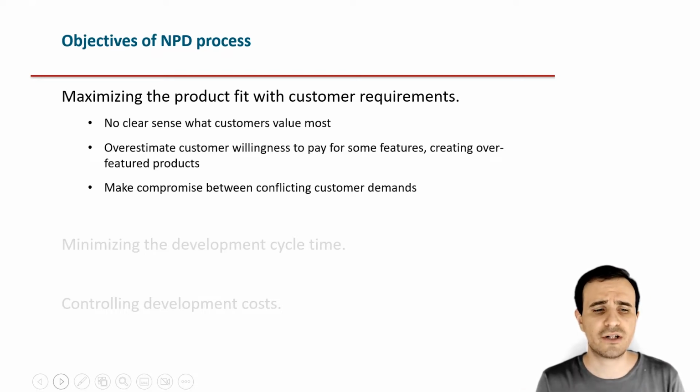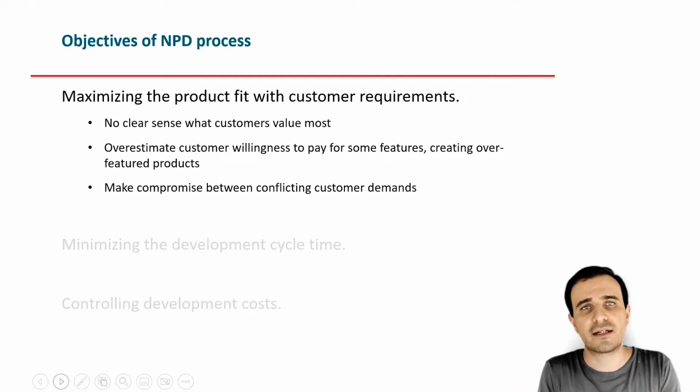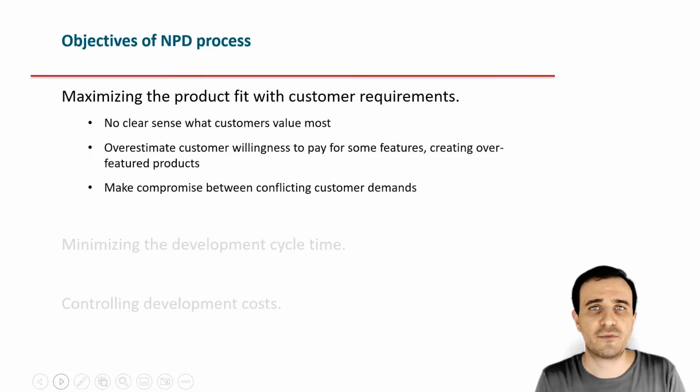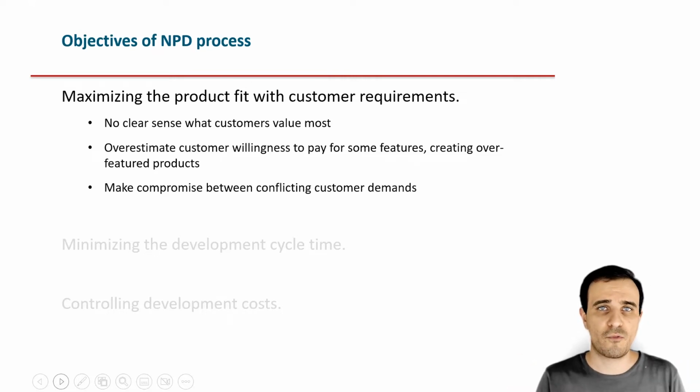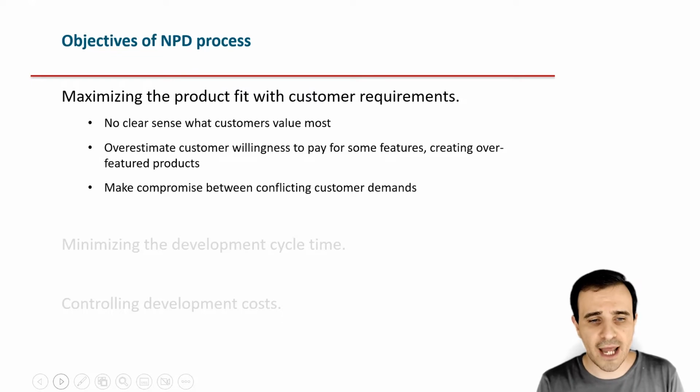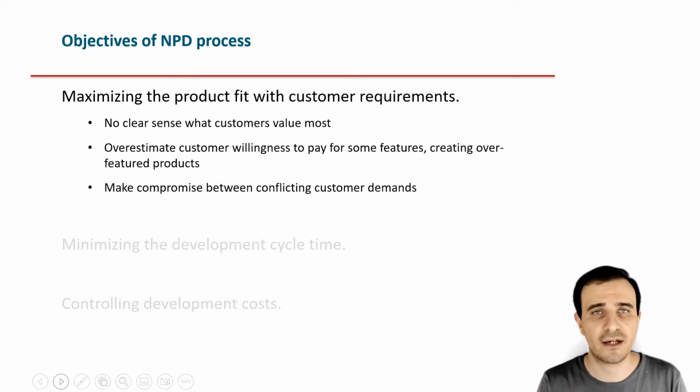The second reason is that sometimes companies overestimate the willingness of customers to pay for some features, and so they create products with so many features that eventually these products become too pricey for the customers, who are provided with features they are not actually interested in.